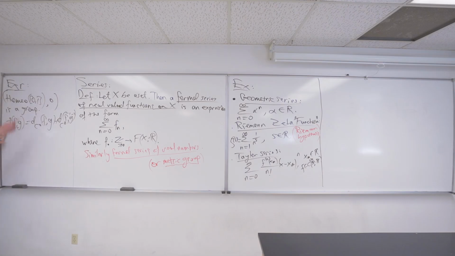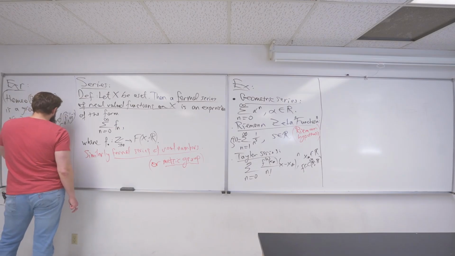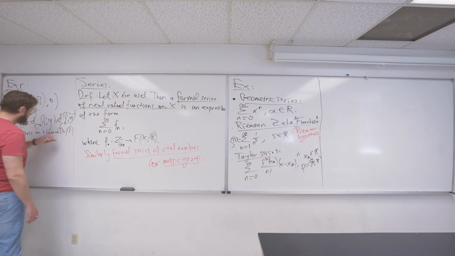This d bar makes this into a metric group. It is a metric on Homeo[0,1], making it, in fact, a complete metric group.